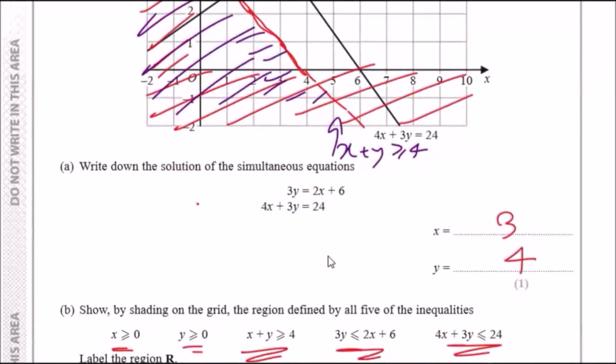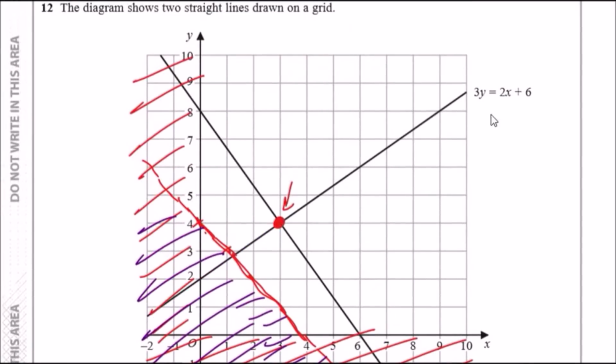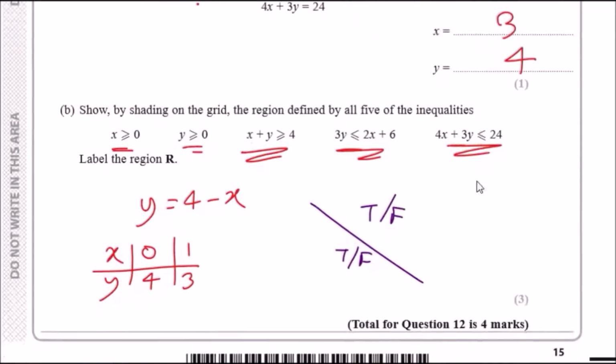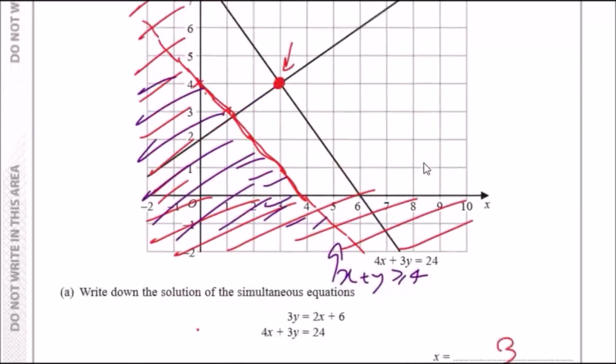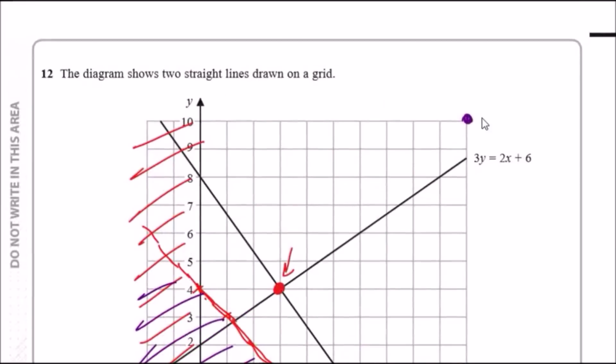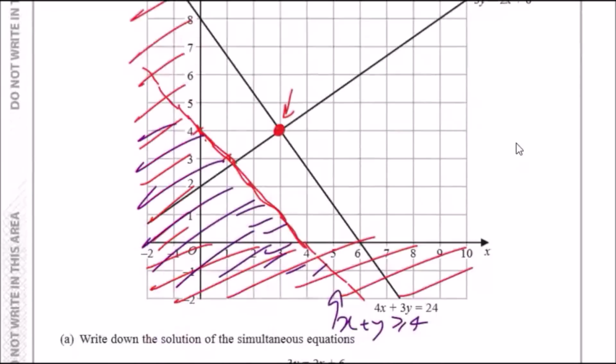Now for the next line, let's have a look. Which line should we do? Let's do the 3y one. So we're doing the second of this one here. So again, do the true-false statement. So we have to pick a coordinate from either side of this line. So let's pick again 10, 10 because it's easy to work with. Okay, so 10, 10. So we're going to see if this side is true or not.